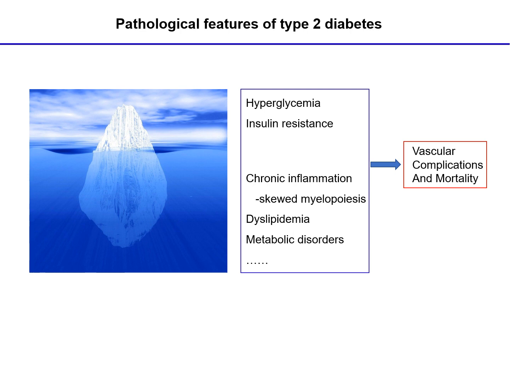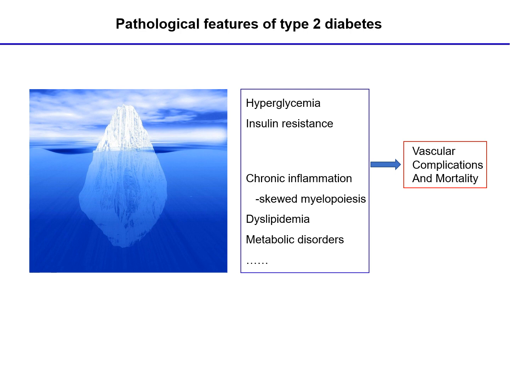In type 2 diabetes, the patients are featured with hyperglycemia and insulin resistance. However, chronic inflammation, dyslipidemia, and metabolic disorders contribute substantially to vascular complications and mortality.